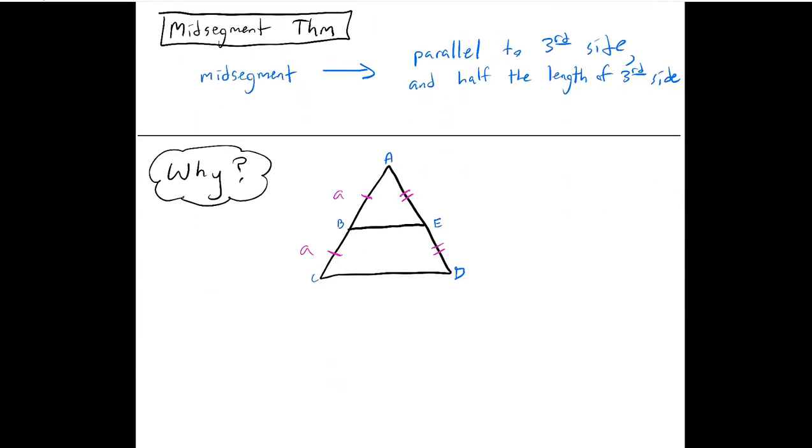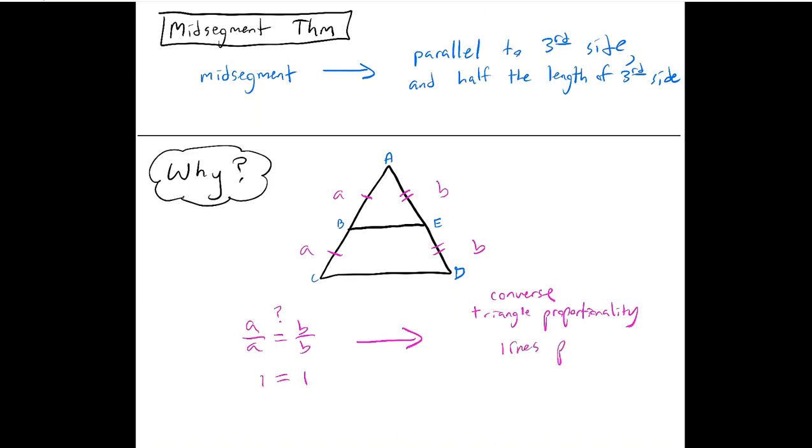So if this is A, this is A, if this is B, and then this is B. So A is to A as B is to B? Yeah, 1 equals 1. So since those are proportional, then by the converse of the triangle proportionality theorem that we just did up there, if those ratios match, then the lines are parallel, okay?